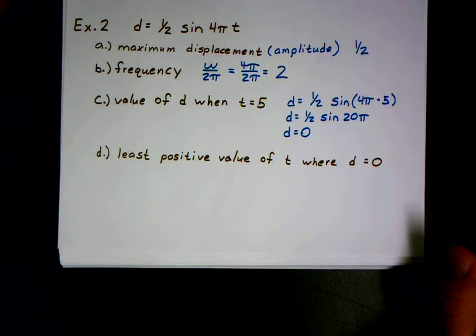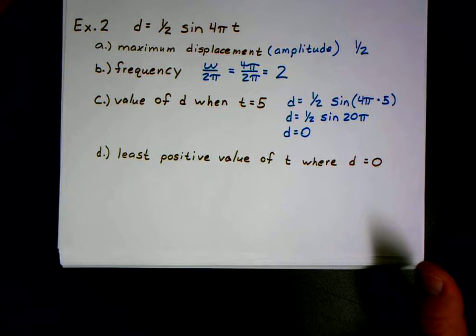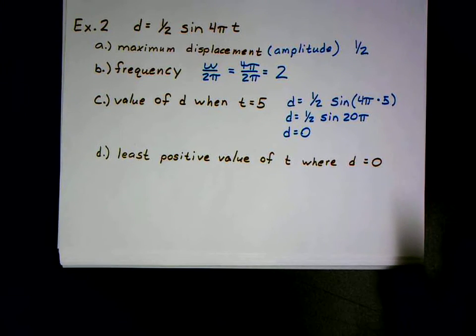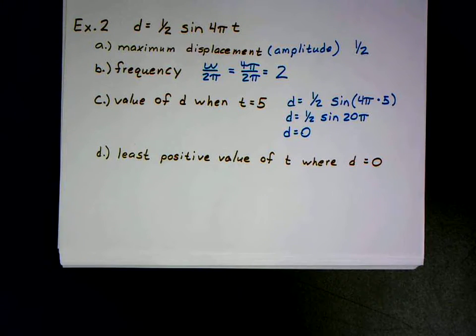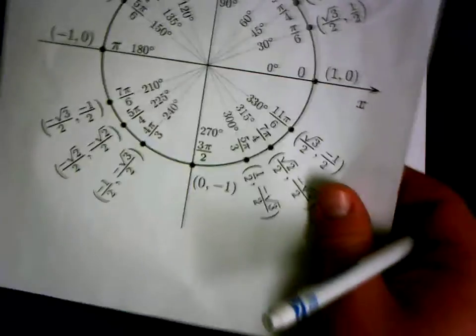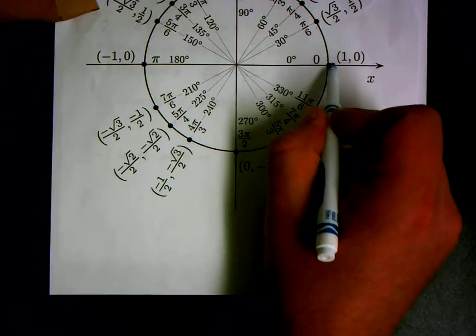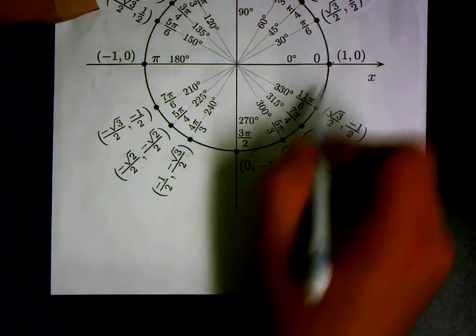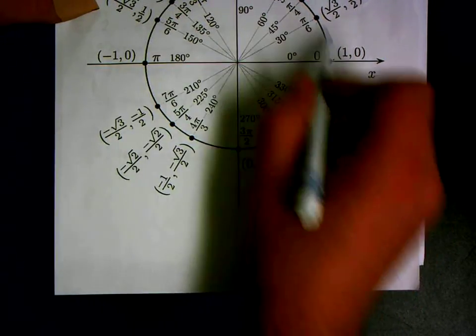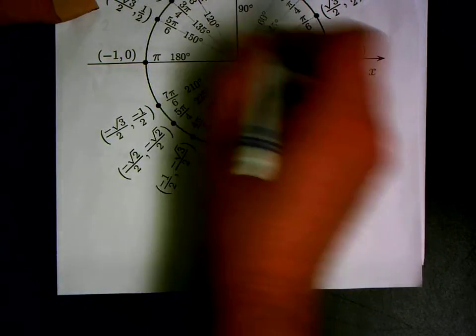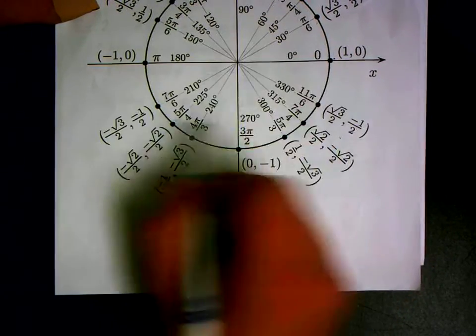Sine of 20 pi is 0, because on your unit circle, 20 pi is in the exact same spot as 0. 2 pi, 4 pi, 8, 10, 12, 14, 16, 18, 20 pi.